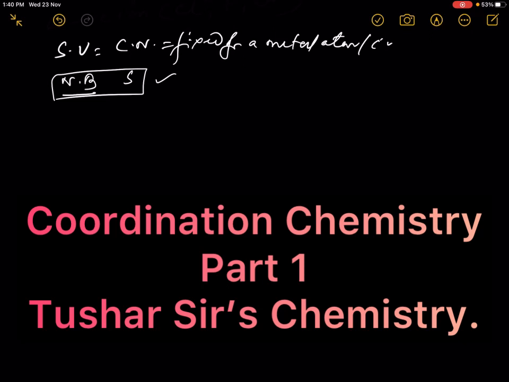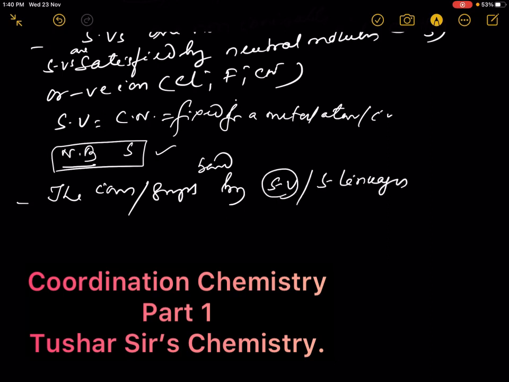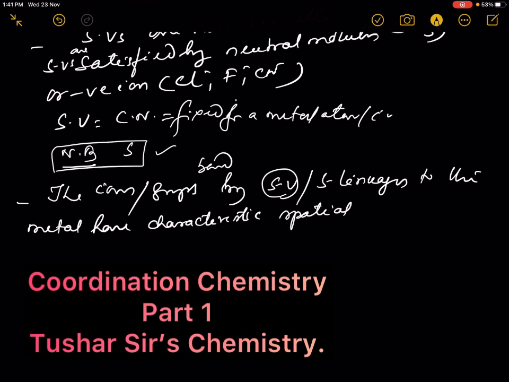Next, the ions or groups bound by secondary linkage to the metal have characteristic spatial arrangements corresponding to different secondary valency or coordination numbers.